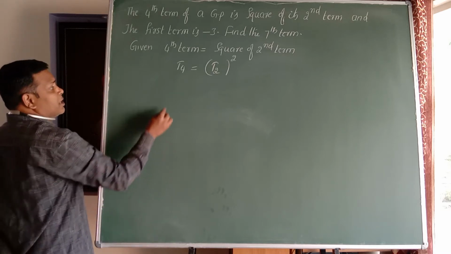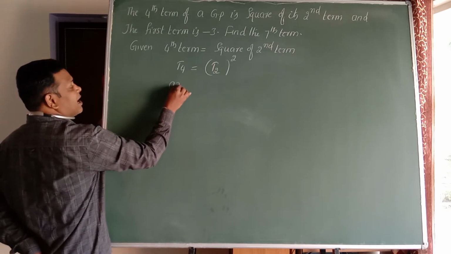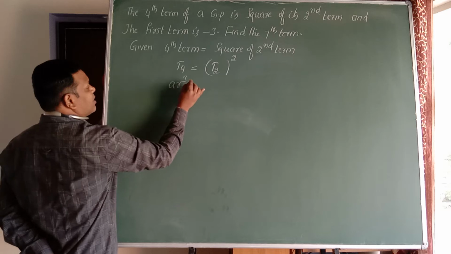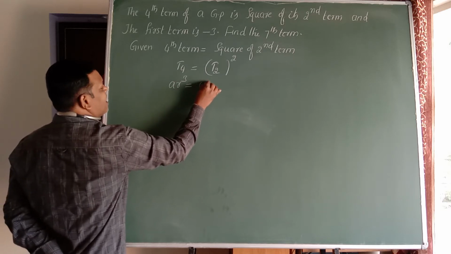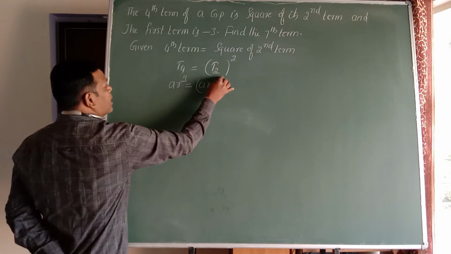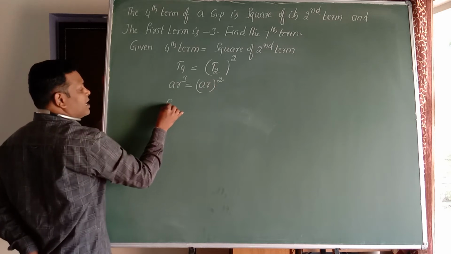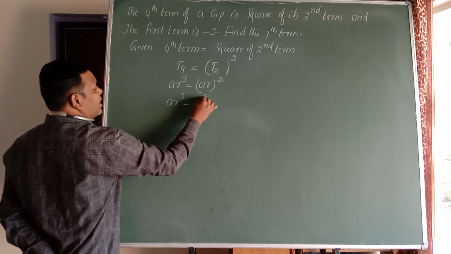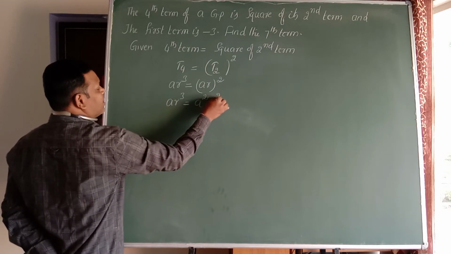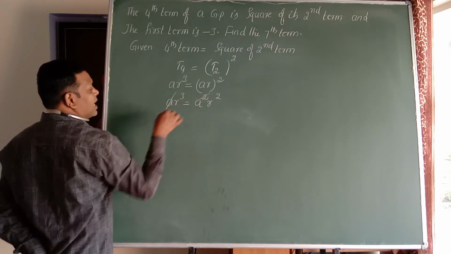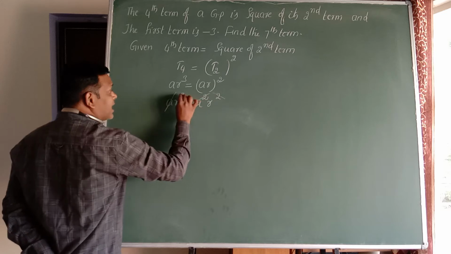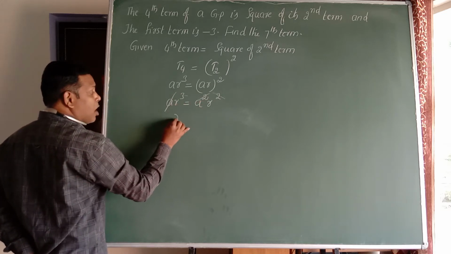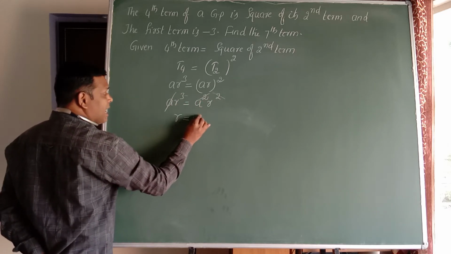As you know, T4 can be written as A r power 3, that is equal to T2, which is A r, whole power 2. Now just simplify. A r power 3 is equal to A square r square. Now here one A gets cancelled, two r get cancelled, remaining is r is equal to A.